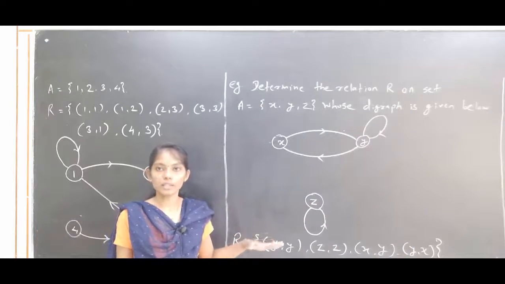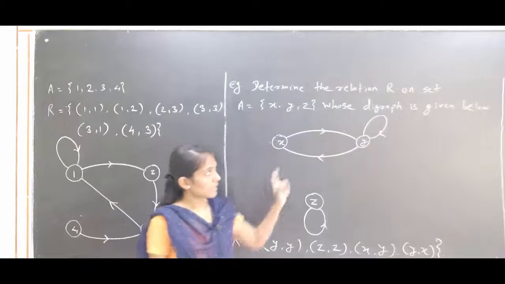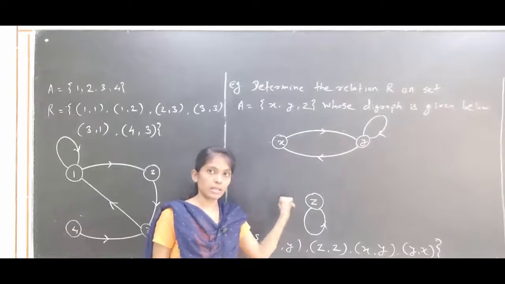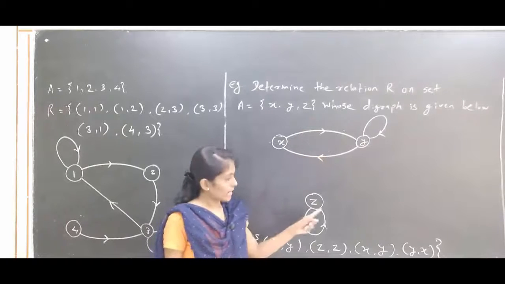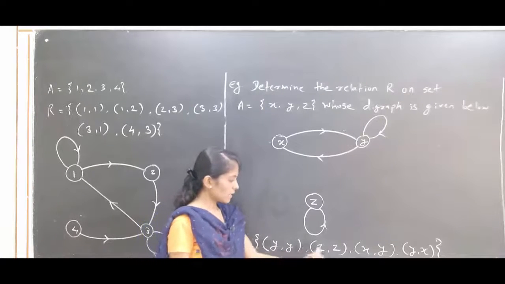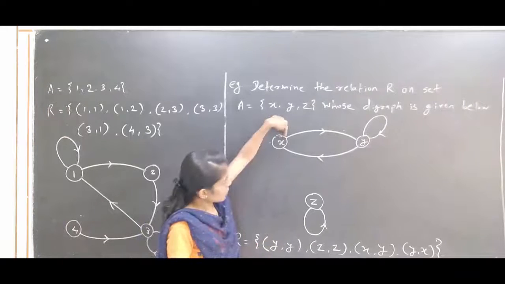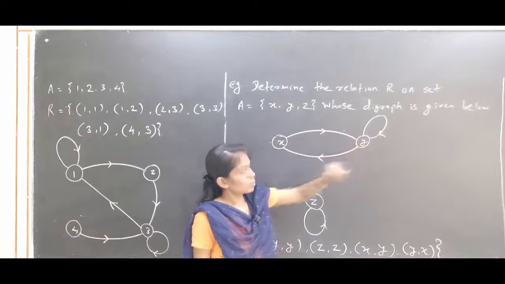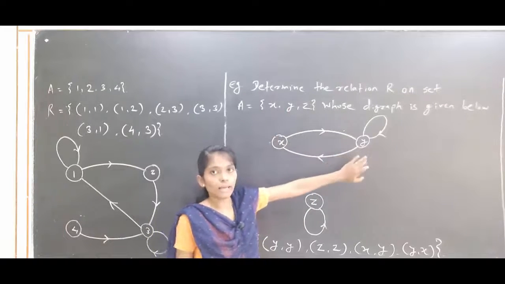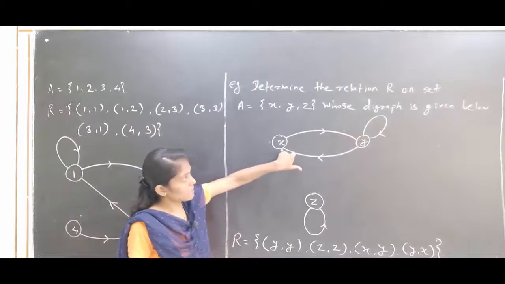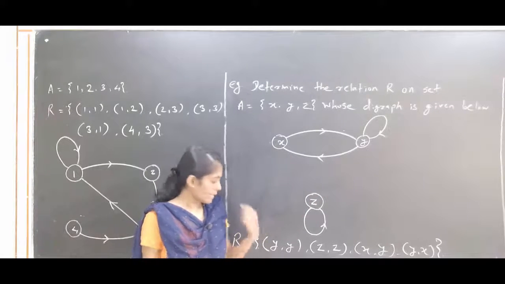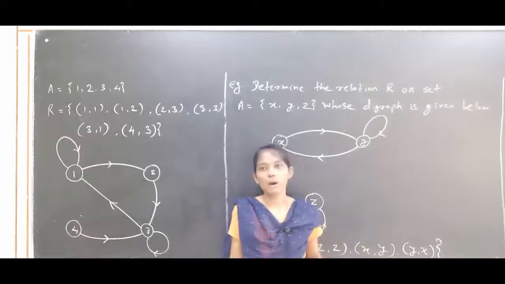All of you get how to find the relation R from the digraph? See here, there are two loops, at point Y and at point Z. Loops mean Y is related to Y and Z is related to Z. Now X is joined to Y, from X to Y, so X is related to Y. And Y is joined to X, so the direction is Y to X, so Y is related to X. So we get (X,Y) and (Y,X).